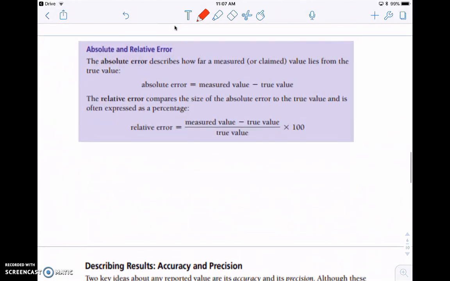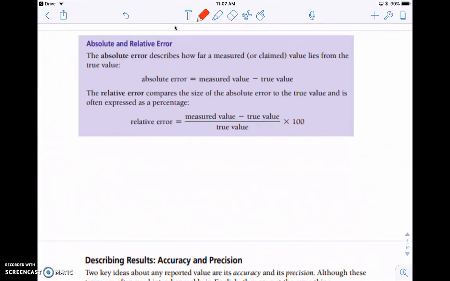Okay, next we're going to talk about an idea called absolute and relative error. The absolute error just describes how far a measurement or a claimed value lies from the true value. The way we determine that is the absolute error is just your measured value minus your true value.